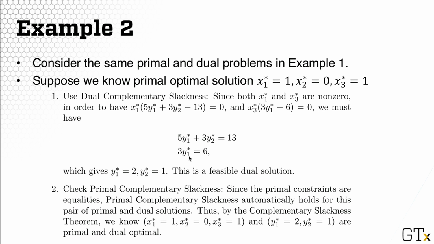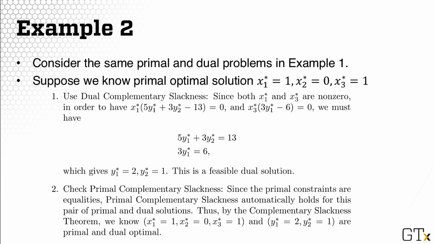That will give us y1 is 2, and then substituting gives us y2 equals 1. So we got the solution here. Then you need to double check that primal complementary slackness holds, which it does automatically because of the equality constraints in the primal problem. Therefore, we got a primal solution and a dual solution which satisfy the primal and dual complementary slackness. Therefore, by the theorem, it has to be optimal.